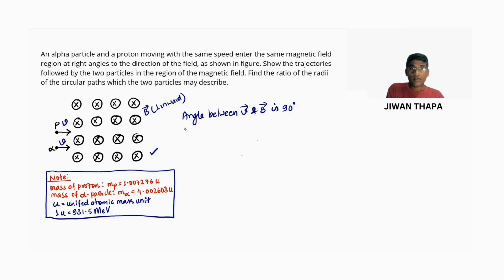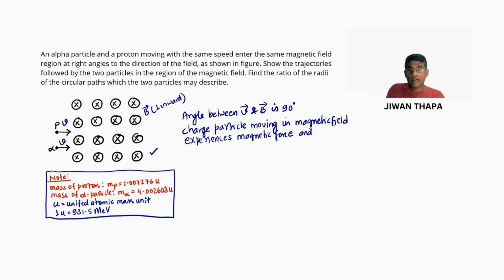Now we know that a charged particle moving in a magnetic field experiences magnetic force and follows a circular path. So we know this.